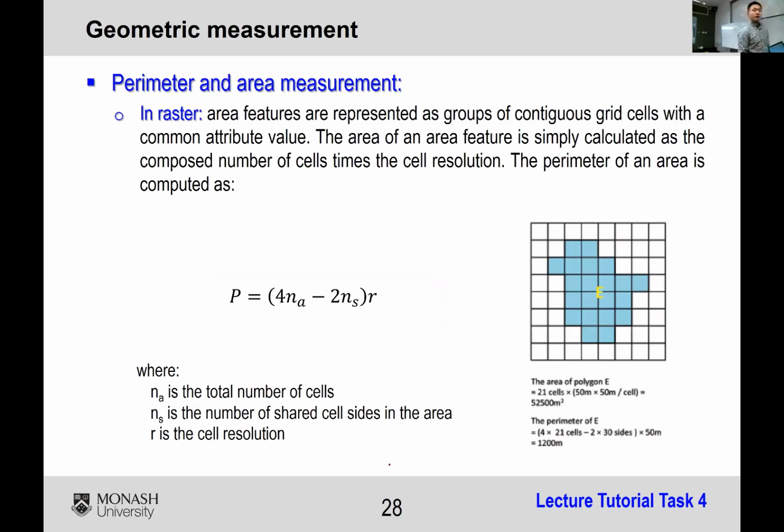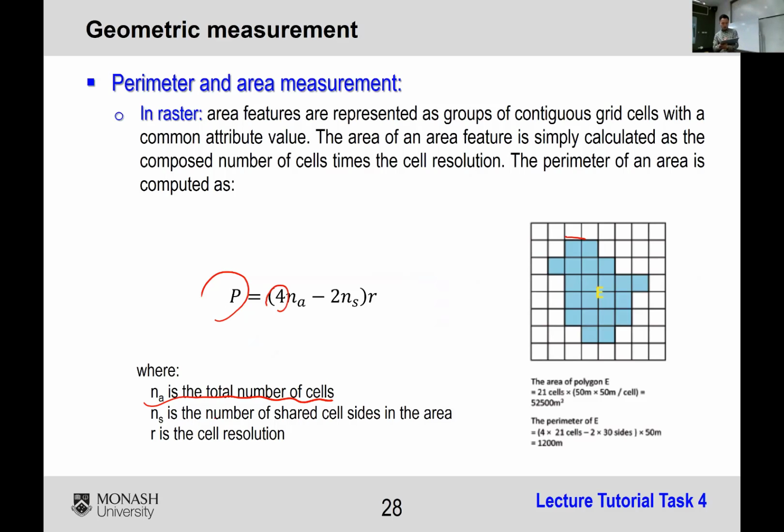And with raster data, as you can imagine, it's much easier to calculate the volume and the area, but it's a bit trickier to calculate the perimeter. So again, we're using the cell resolution, so we know the length of each cell. And the perimeter equals the total number of cells multiplied by 4, so that's all the sides, right?